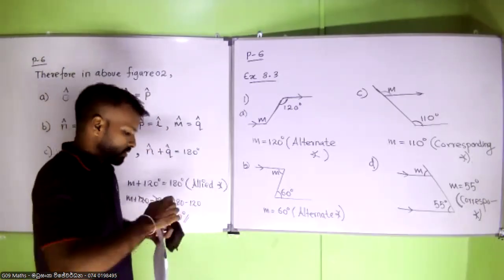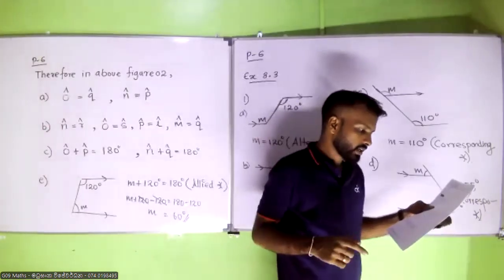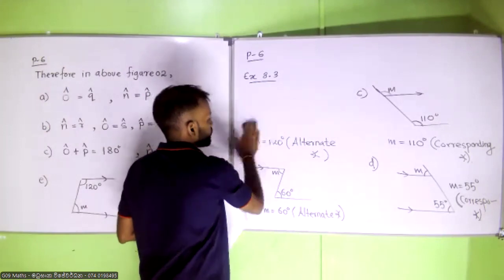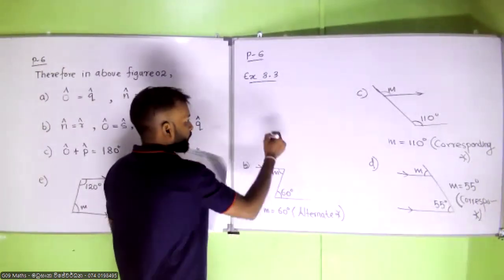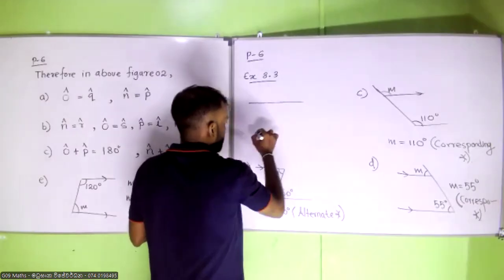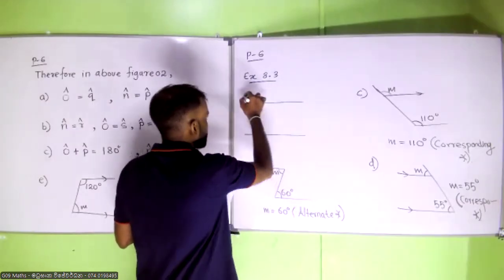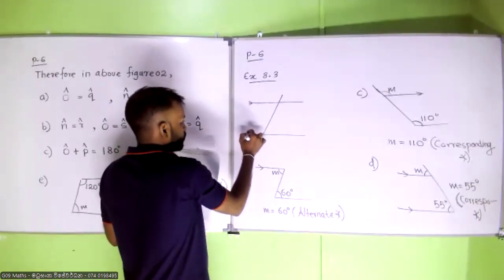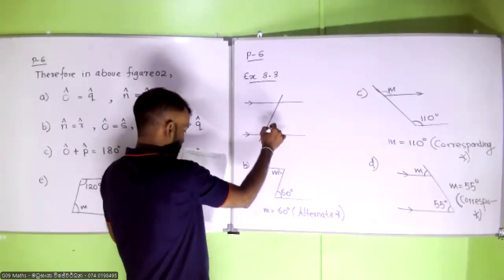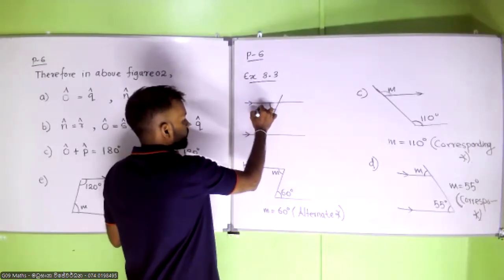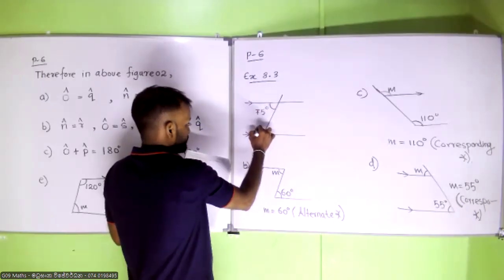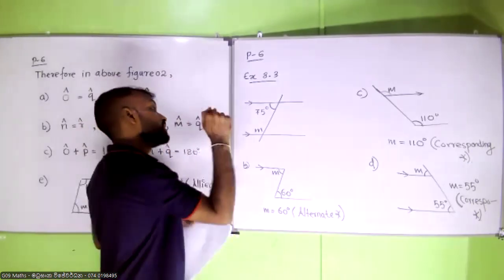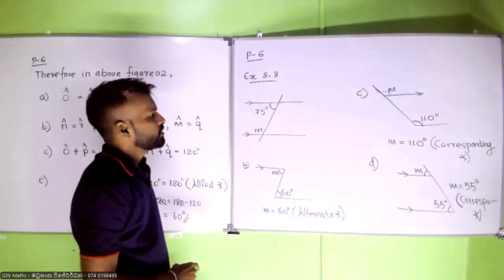Using the same way, you can find the last one. You have a figure like this with two parallel lines, and this angle is 75 degrees, and this is M. First, identify which type of angle this is.